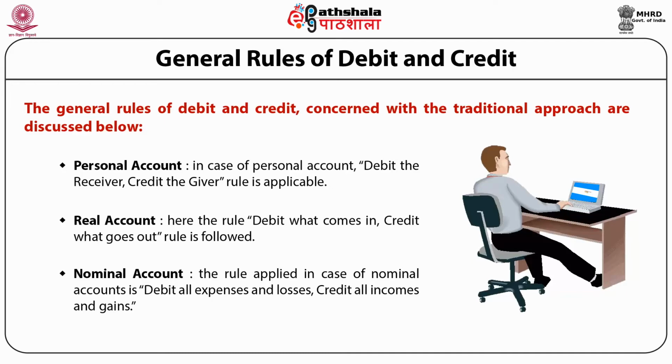Salaries account is classified as a nominal account, and on applying the rule, debit all expenses and losses, we debit the salaries account with rupees 60,000. On the other hand, as bank is a personal account and as the rule says, credit the giver, the bank account will be credited with rupees 60,000. So the following entry will be made: salaries account debit rupees 60,000 to bank account rupees 60,000.